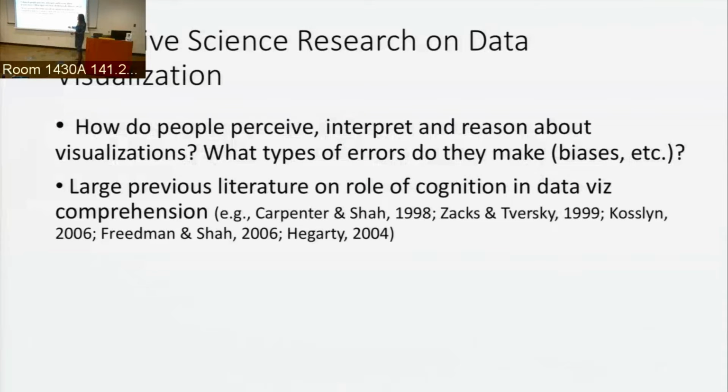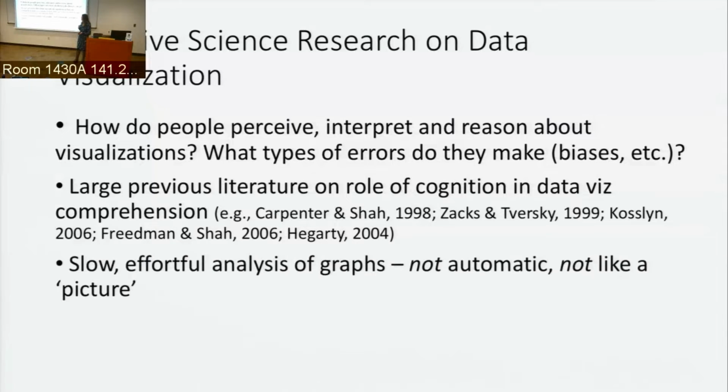This is some of the research here, this earlier work. You can see it's from the 90s. A lot of this work was done by my advisor, Priti Shah, and was about understanding the basics of how people go about interpreting graphs and data visualizations.